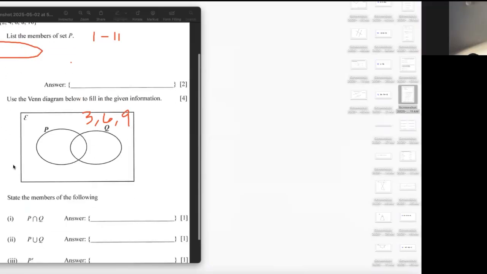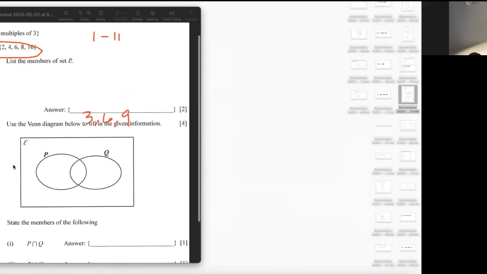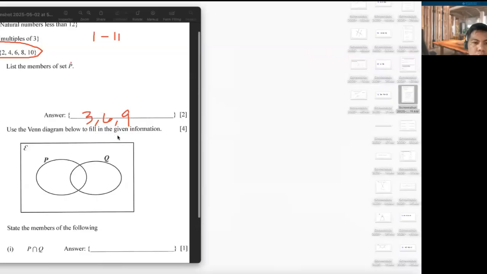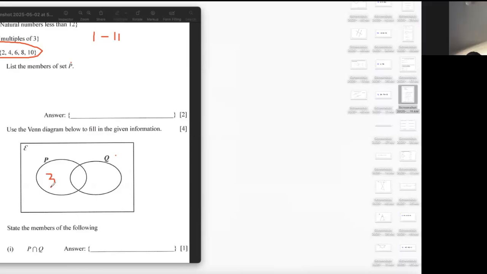So let's use the Venn diagram now. Use the Venn diagram below to fill in the given information. What will we find in P? The numbers 3, 6, and 9. I'll put 3 and 9 and skip 6.